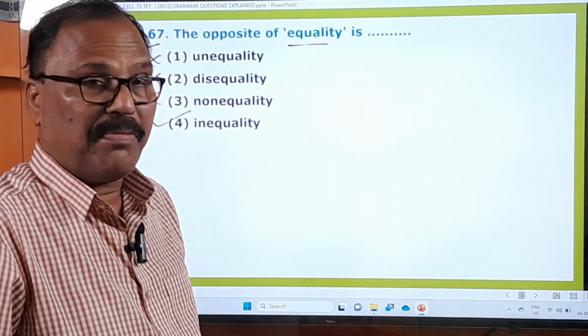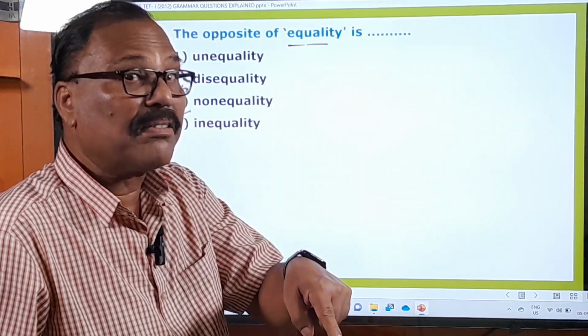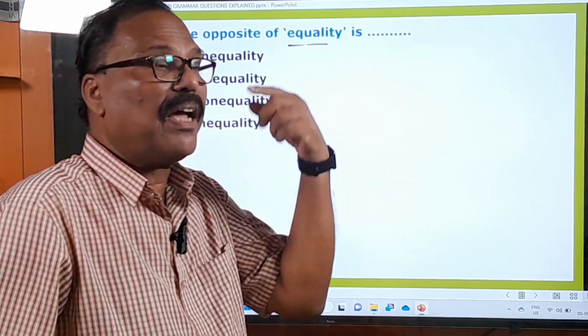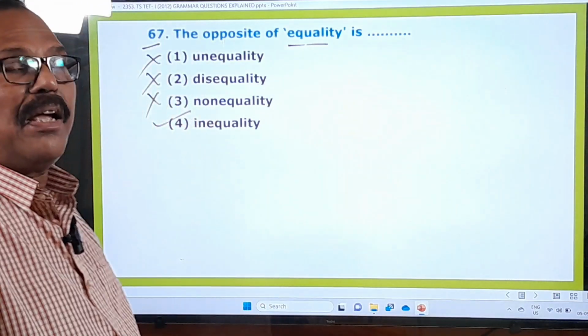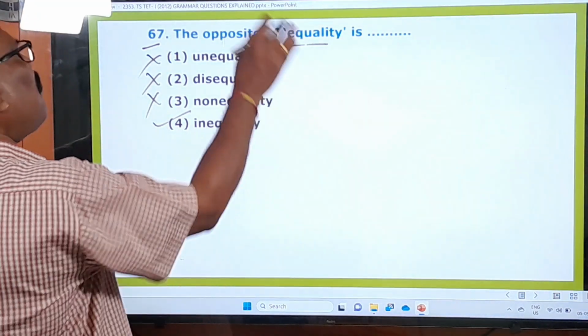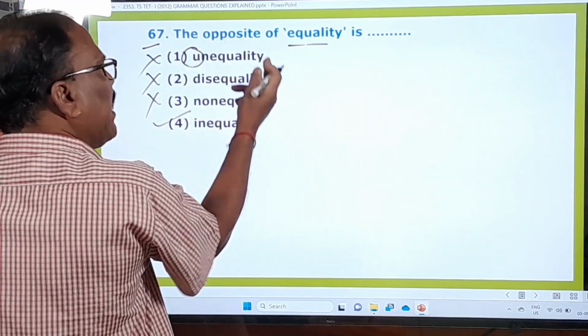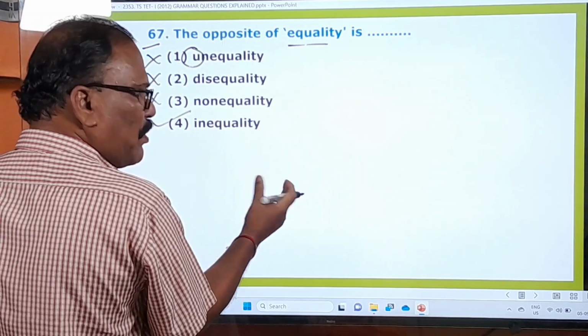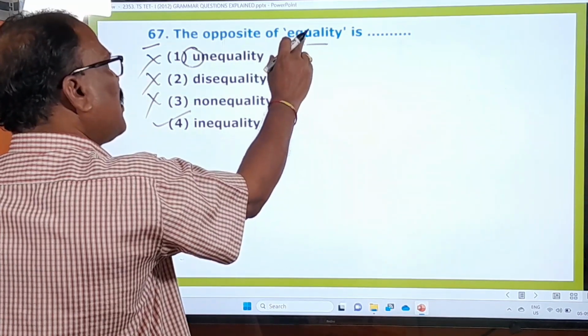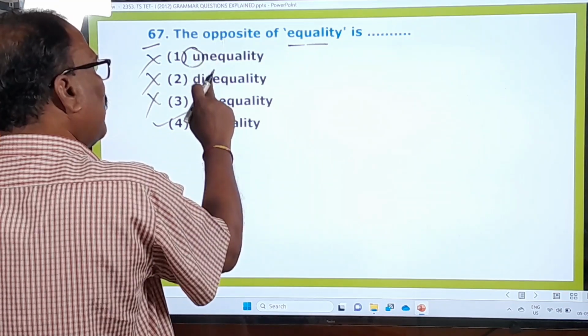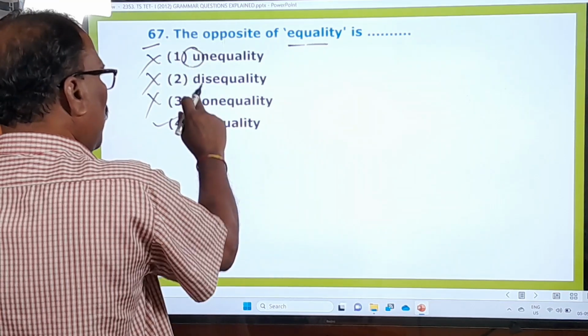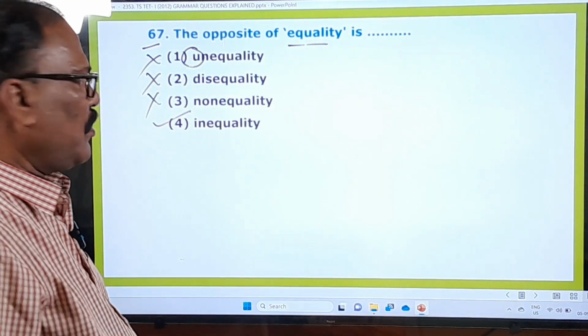And for comfort, discomfort. For a noun, dis is used. For an adjective, un is used. It's like that, right? All words cannot take this prefix un to make an opposite word. So the opposite of equality is inequality, not unequality or disequality or non-equality. So these are wrong, only this is the right one. And now let's go to the next question.